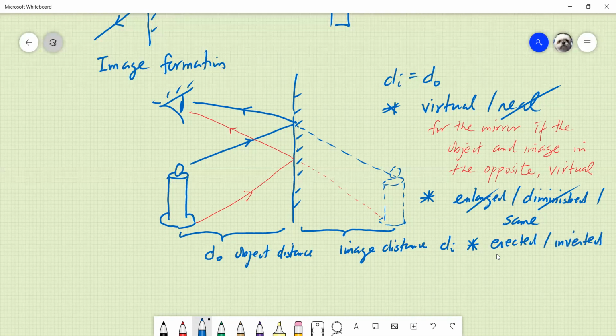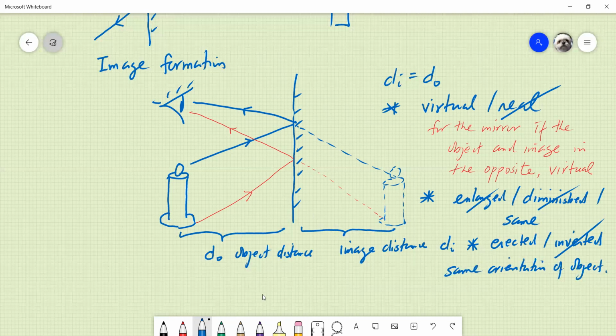Are they in the same orientation? In other words, are they erect or inverted? They are erect, right? Or you can say that they have the same orientation as the object. Yes. So that's the plane mirror.